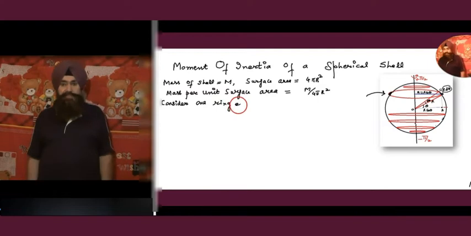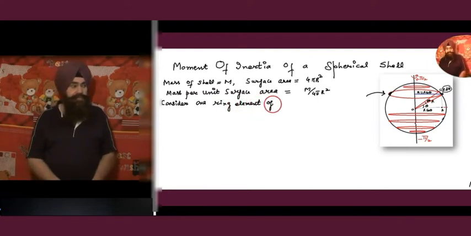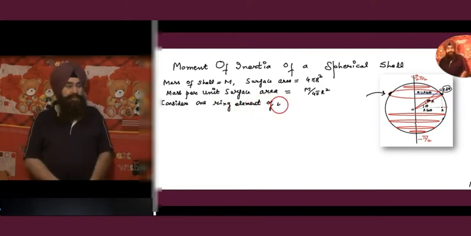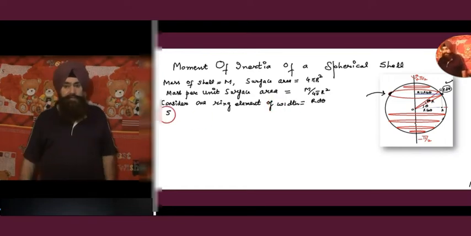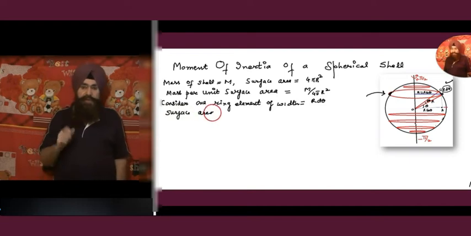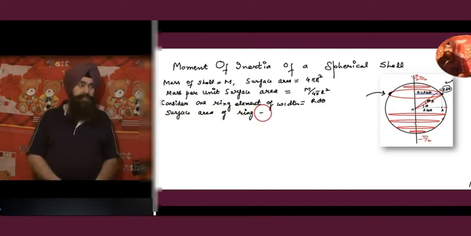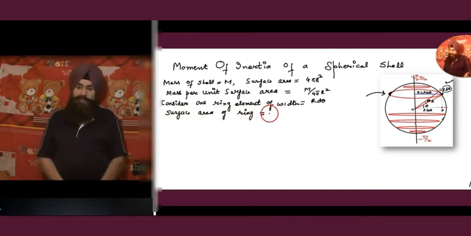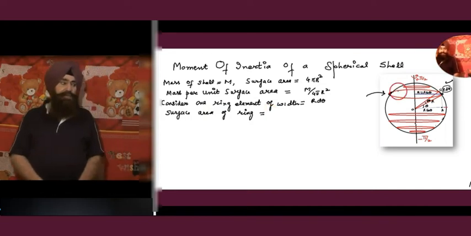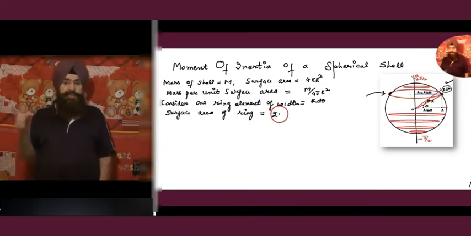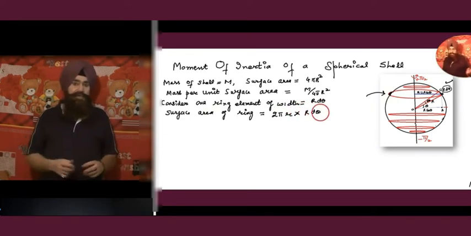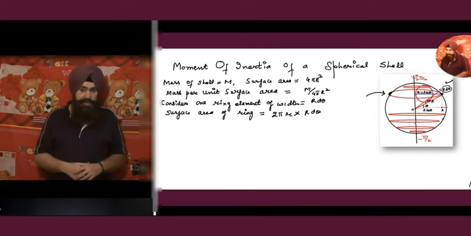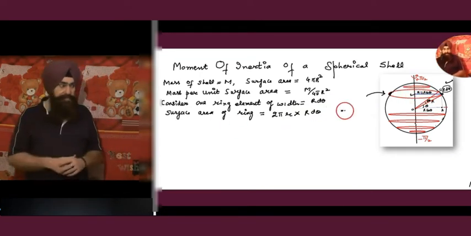Then we consider one elemental ring of width R d theta. Now, what is the surface area of the ring? The surface area of the ring is the circumference, 2 pi small r, multiplied by the width, that is capital R d theta.